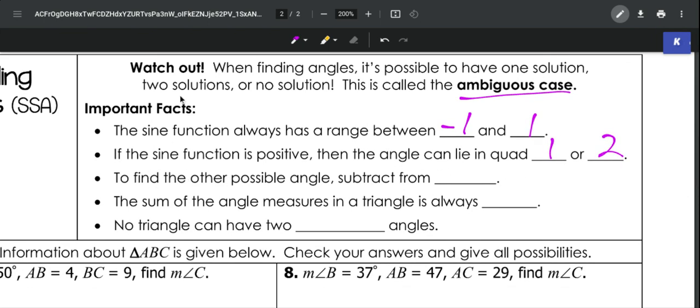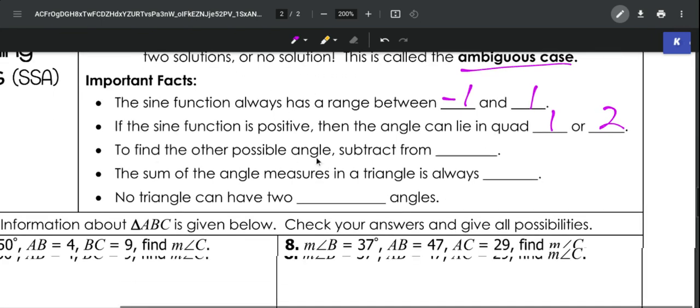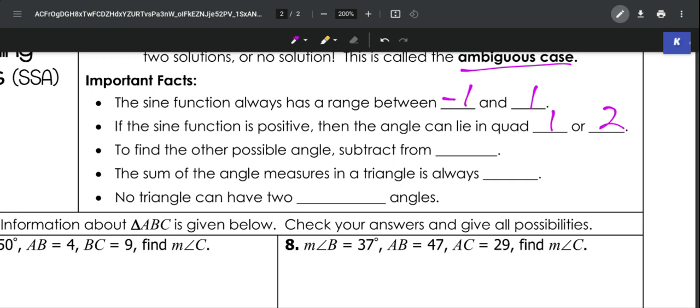So as you see here, it says we can have one solution, two solutions, or no solution. To find the other possible angle, we're going to subtract what we find from 180. This is all just definition stuff. It'll make sense when we work problems, so don't freak out. The sum of the angle measures is always going to be 180 degrees, so no triangle can have two obtuse angles.